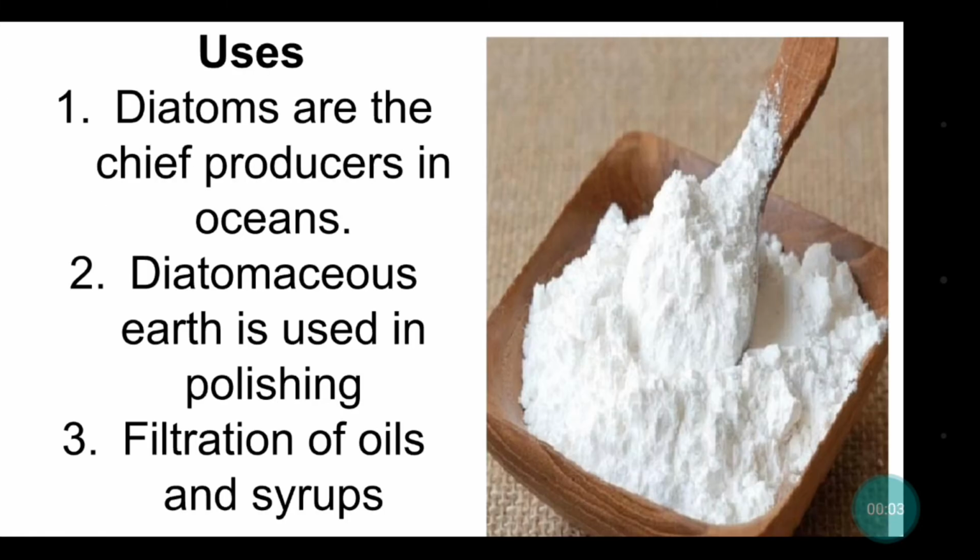And diatoms के uses. What are the uses of diatoms? Diatoms जो होते हैं वो सबसे पहले चीफ प्रोड्यूसर्स होते हैं इन द ओशन. वो फोटोसिंथेटिक हैं and they can produce food of their own and act as the primary producer in the ocean, right?